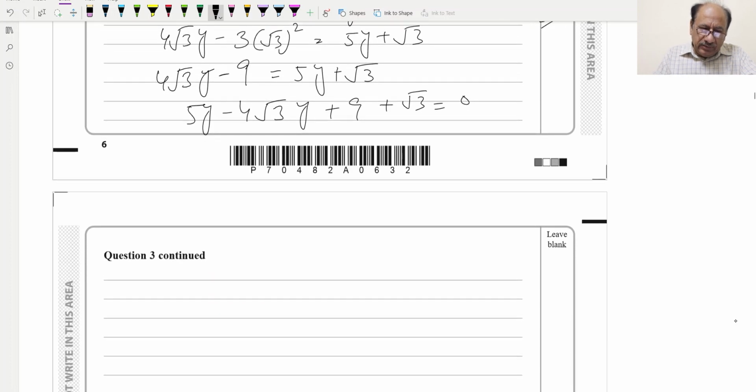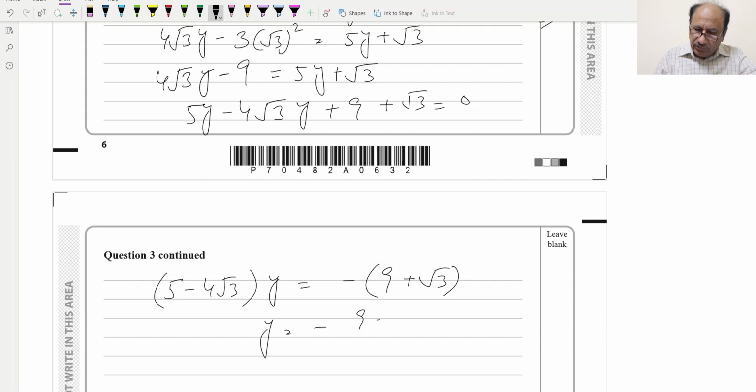Now we can take y common, so (5 minus 4 root 3) y, and the rest of everything we can shift to the other side, so 9 plus root 3 we can put in bracket. We can shift this to the other side, and it will be y is equal to minus (9 plus root 3) over (5 minus 4 root 3).